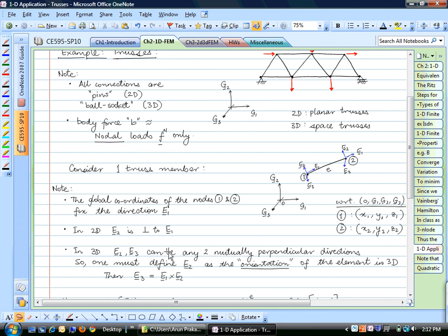So for three-dimensional trusses, or space trusses, we actually have to specify some sort of orientation of that element. That orientation is just any E2 that is perpendicular. Let's say I choose this E2 as something perpendicular to that, and E3 will simply be obtained by the right-hand rule of the cross product.